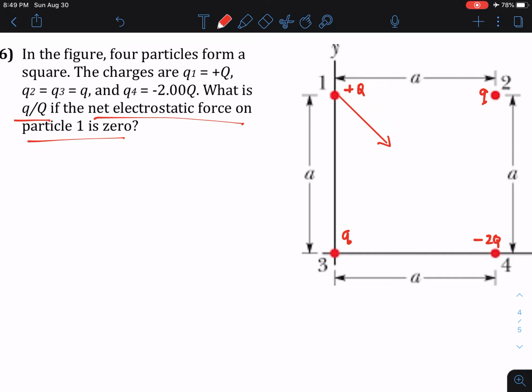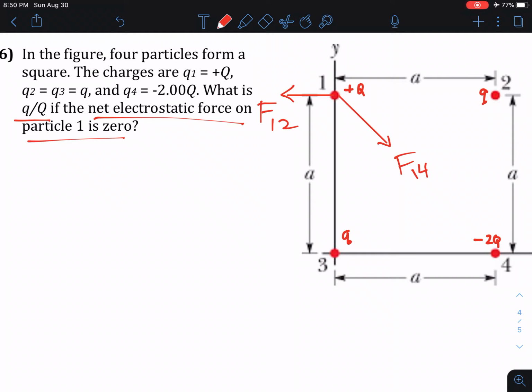So I have 2 more forces, and you can see the direction of the forces. 2 is going to be along this direction, and you can see that F14x should be cancelled by the second charge's force on 1. So you should be able to see that that force is going to be simply to the left. Let's just draw that. It should be that way. This is called F12. This F12 cancels with F14x, the x component of F14. I hope it makes sense.